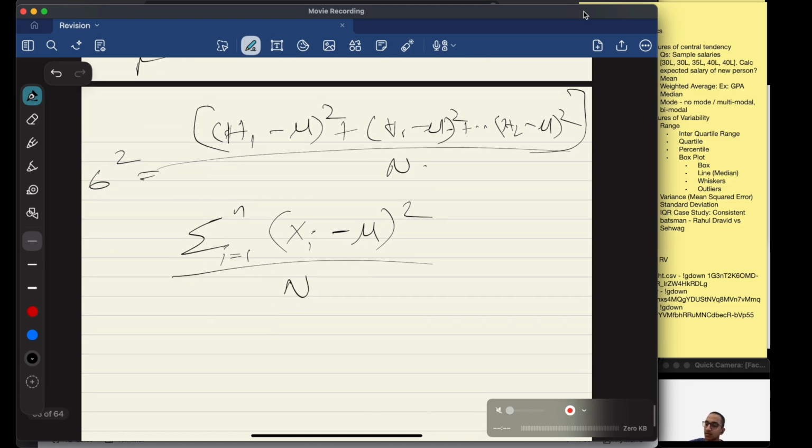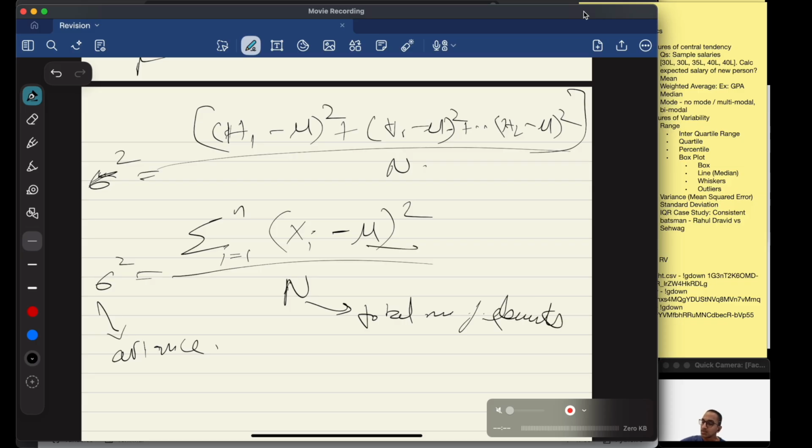N is the number of data points in this data set. This sigma square is the variance. N is the total number of elements, mu is the mean, and xi is each data point in the data set. Again, we use summation to sum all this.